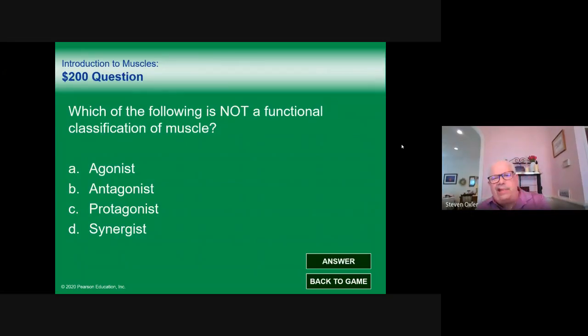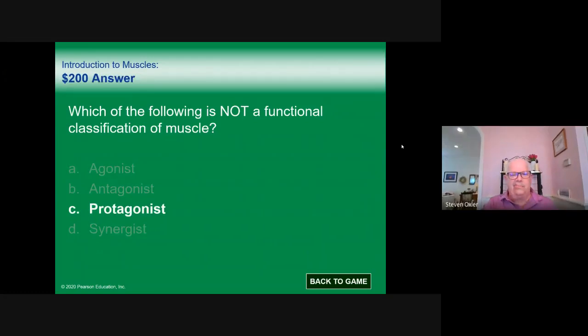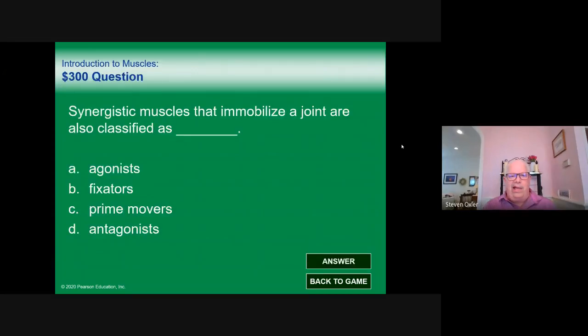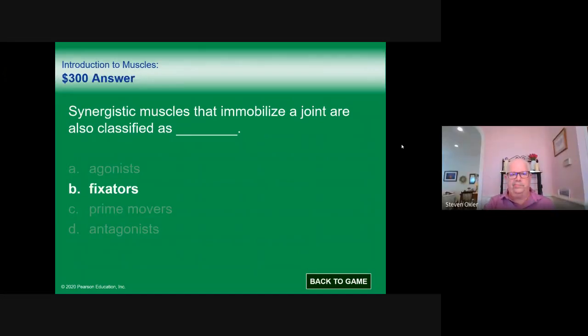Which of the following is not a functional classification of muscle? C. No such thing as a protagonist muscle. Okay. Synergistic muscles that immobilize a joint are classified as fixators. Correct.